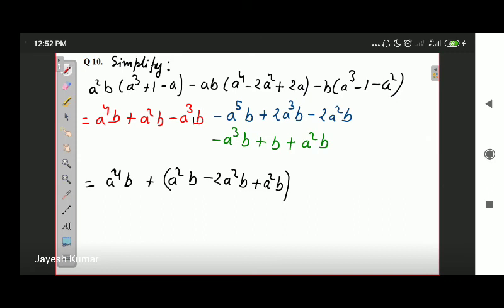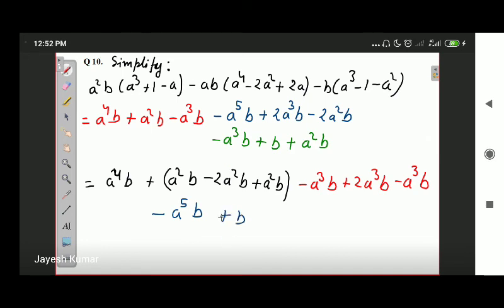After that, minus a cube b, I have 2a cube b, plus 2a cube b, minus a cube b. Next is minus a to the power 5b. I have no such term anymore, and lastly I have b.